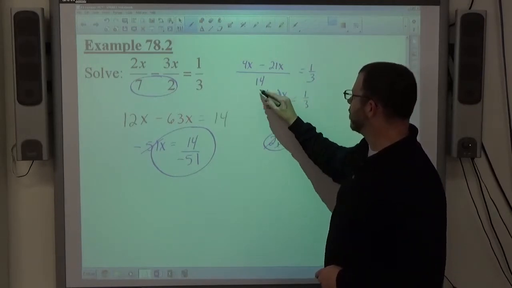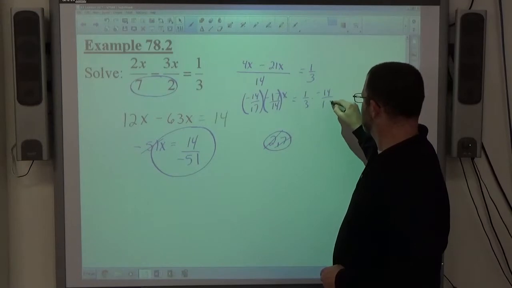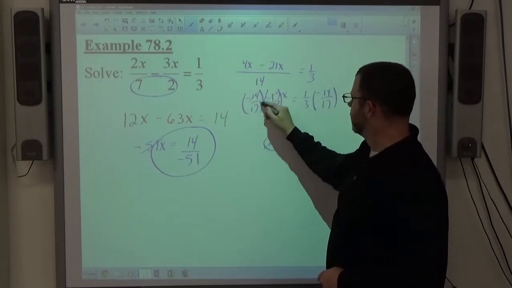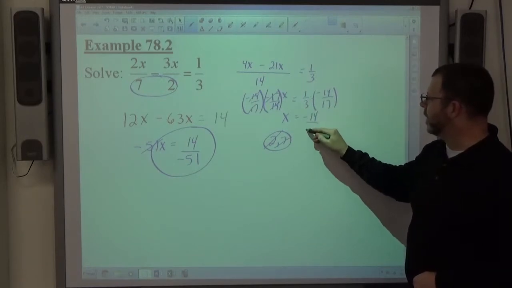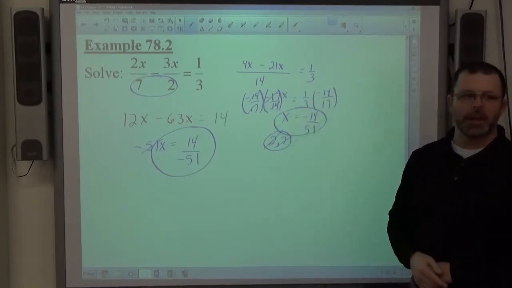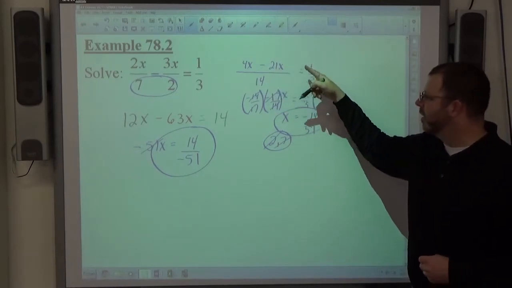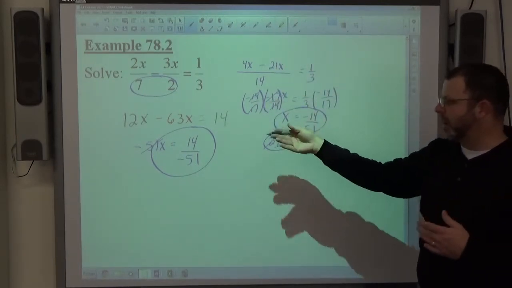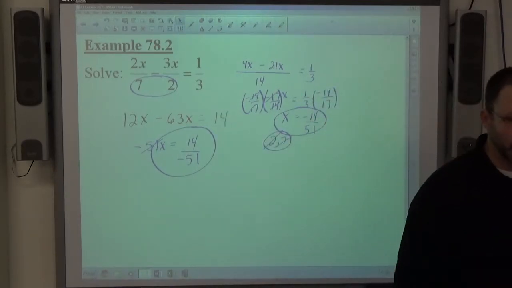Then you've got to multiply by the reciprocal of negative 14/17. It gets me x equals, and then of course negative 14 times 1 on top, 3 times 17 on the bottom. Same answer. Just got to deal with adding the fractions correctly, multiplying by a reciprocal instead of just dividing by a number. It's just a lot easier to get it down to integer form. It's worth doing every single time.